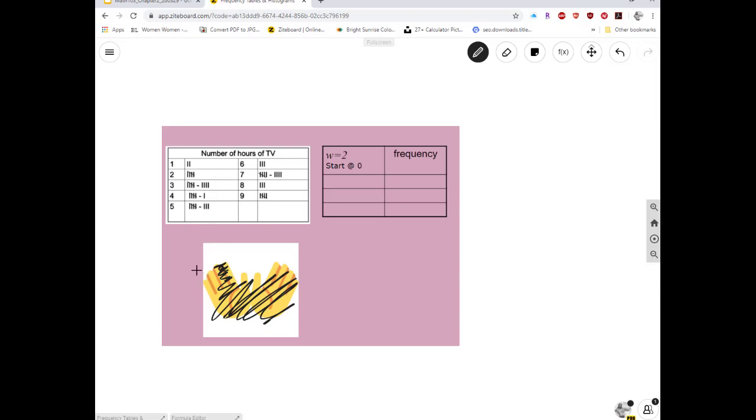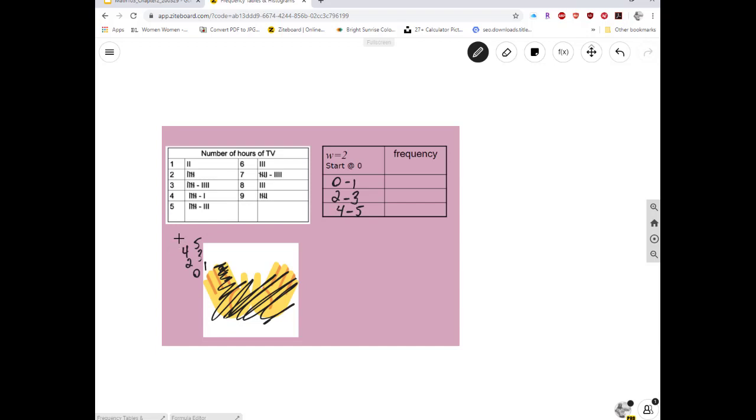So the first bin is going to go from 0 to 1. The next bin is going to go where? 2, 3. So 2 to 3. The next bin is going to go where? 4, 5.